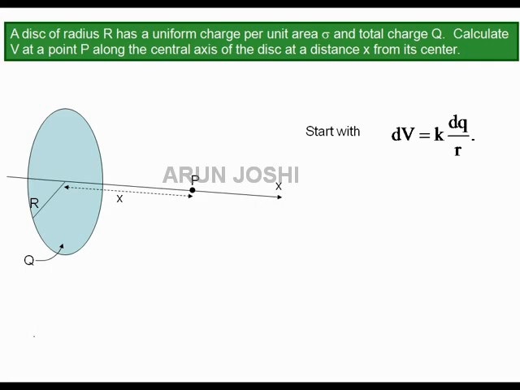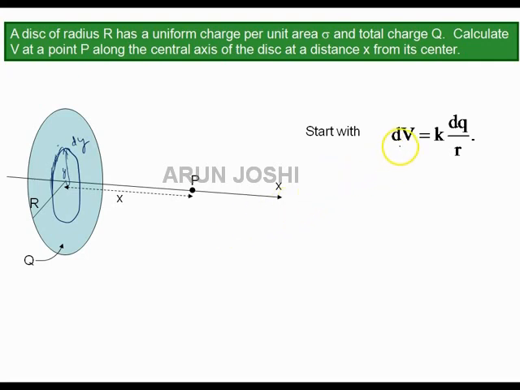Okay. Now there is a disk of radius r, and you have to calculate the potential at point P on the axial line of the disk at a distance x from the center. So we assume this disk is made up of a number of elemental rings. I take this as the elemental ring, of radius y and thickness dy.